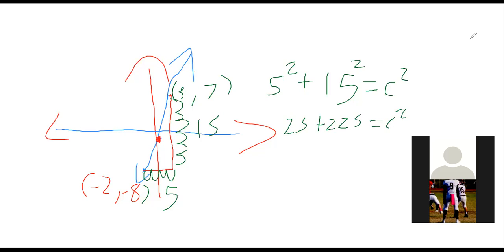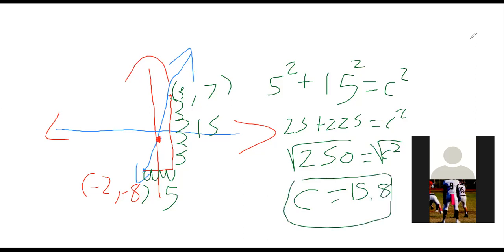Then you have to square root it. So we find the square root of both sides, and c is equal to the square root of 250. Sometimes it depends on whether the question asks for the simplified version or the decimal. In this case, if we write the decimal, that would be about 15.8.